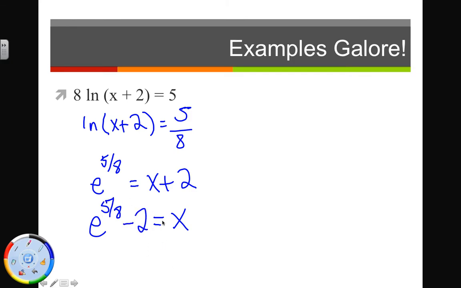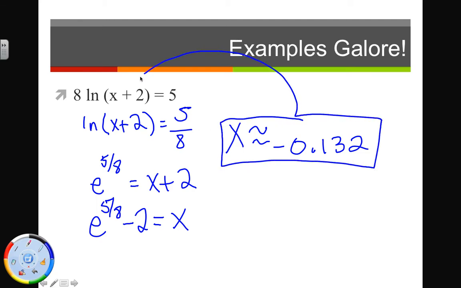Don't put that in the exponent because that's not where it belongs. So x is approximately, let's go e to the 5/8. Subtract 2. I get negative 0.132.